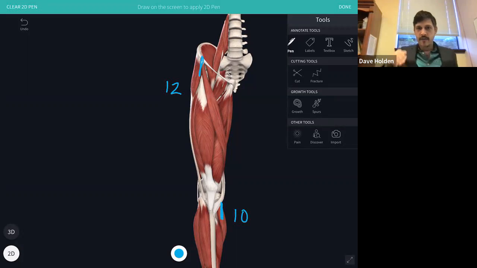All right, so if you are looking down your own thigh, looking down through your right thigh, the origin of the sartorius would sit at 12 o'clock. The insertion would sit at 10 o'clock. Now, when the muscle shortens and pulls its insertion towards its origin, it is going to pull the 10 o'clock insertion towards the 12 o'clock origin, which would look like that.